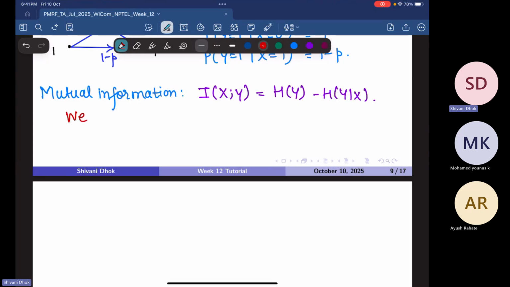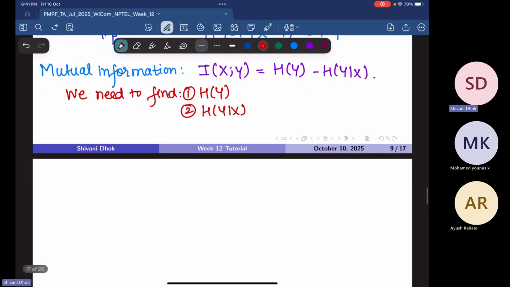We need to obtain H of Y, and second, H of Y given X. Let us first find out H of Y.